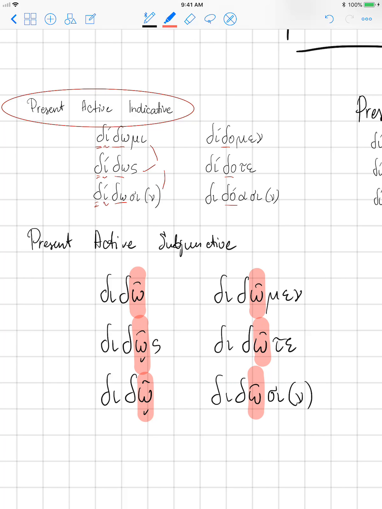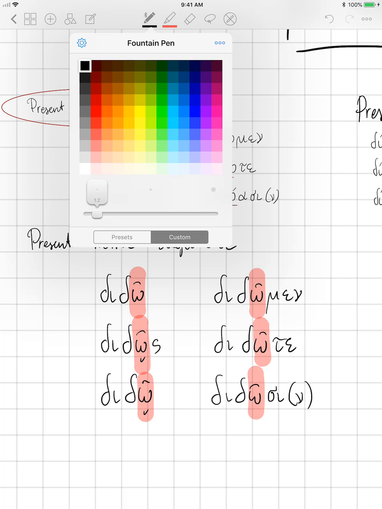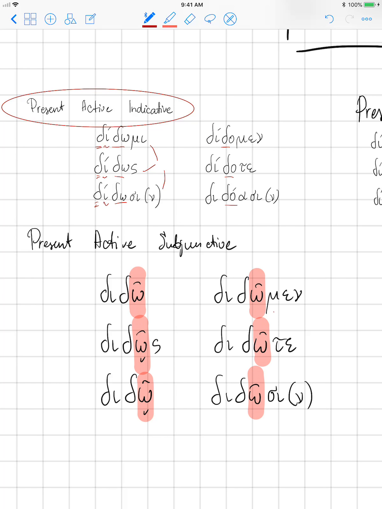And if you remember subjunctives, the lengthened vowel is very characteristic of subjunctives. Apart from that, the endings are the same, or pretty much the same. I guess omega and alpha just fight, and whoever wins wins, and some stuff happened here, which we don't need to go through. It's just too much to think about. So that was subjunctive: didō, didōis, didōi, didōmen, didōte, didōsi.